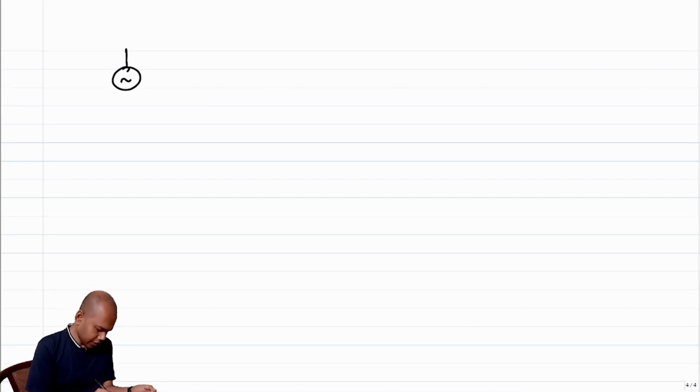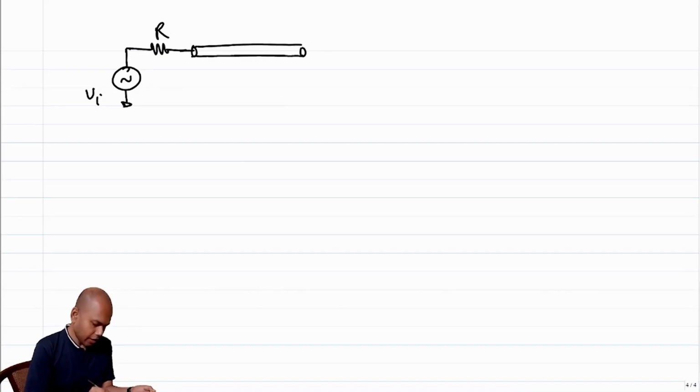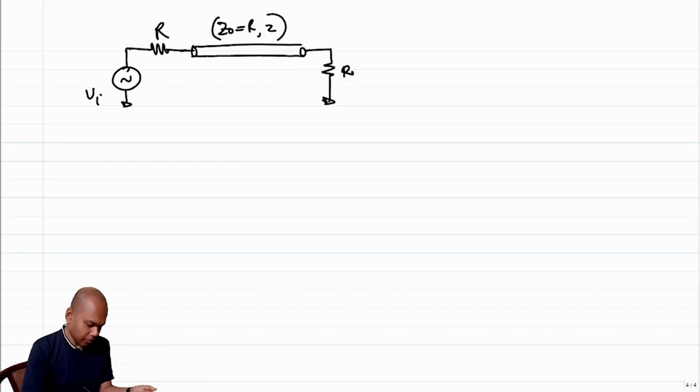The voltage divider as we know it, let's say this is Vi, there is R, and there is a transmission line having a characteristic impedance equal to R, with a time delay tau associated with it, and this line is terminated with R1, right? So that's the model of the transmission line that we have.